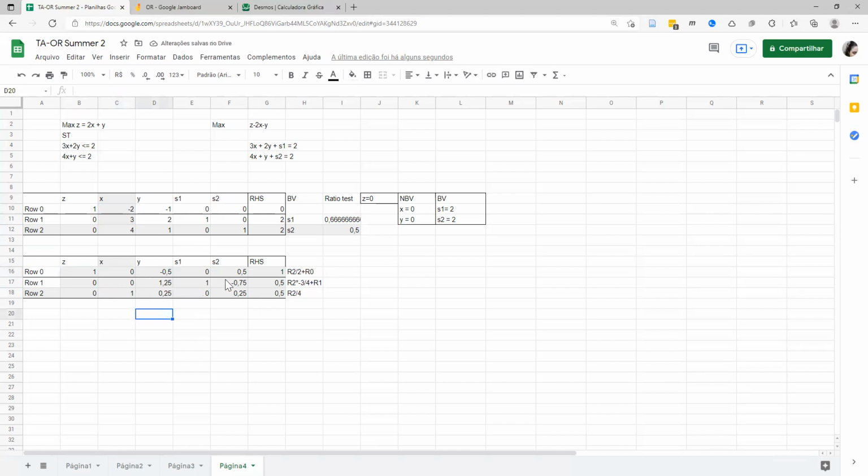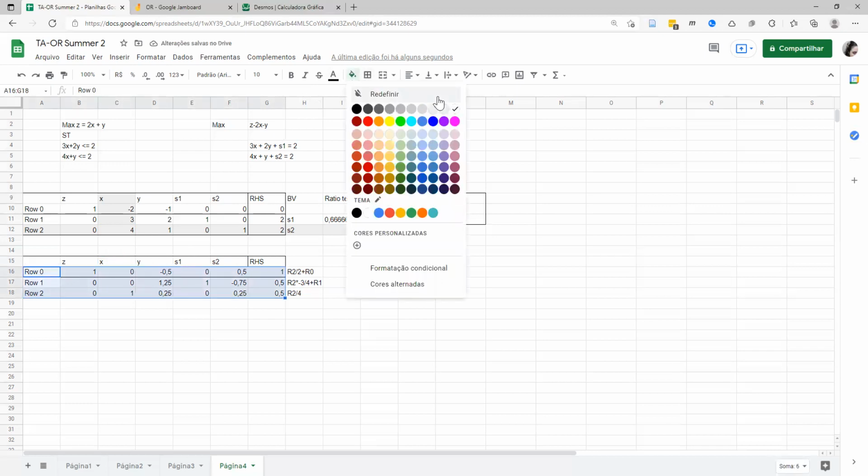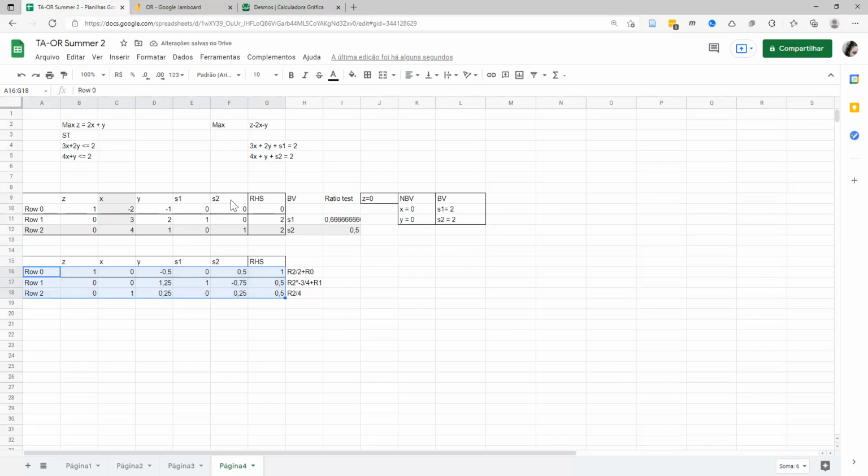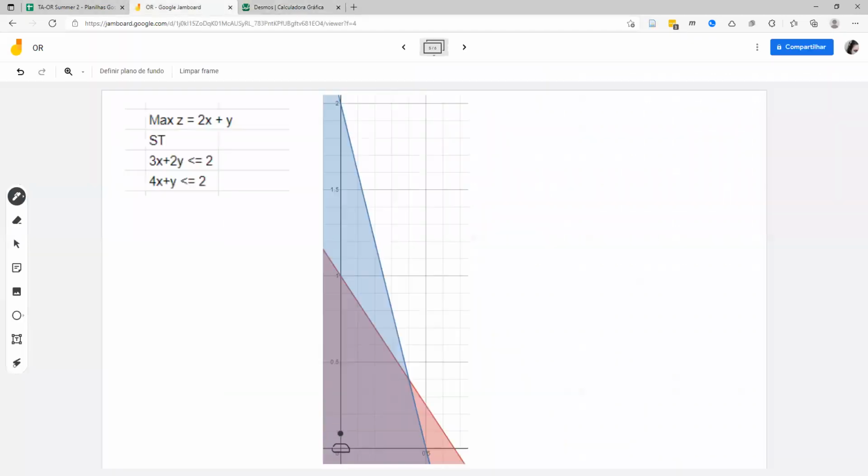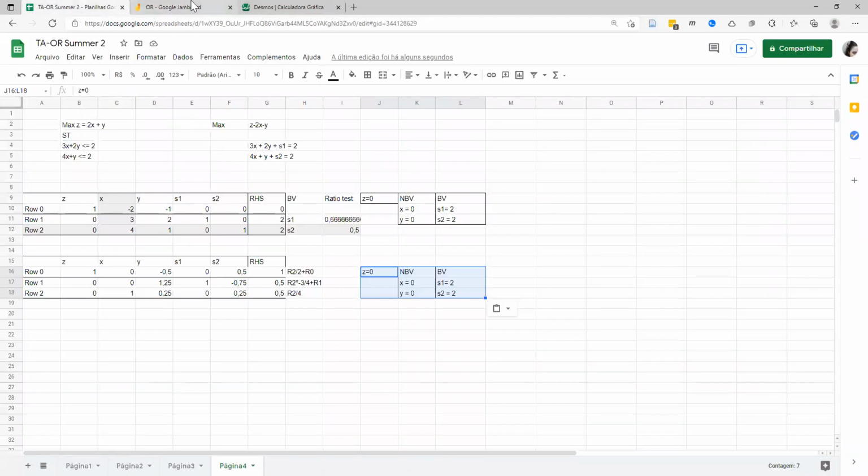So now I have a different table, with different bases, because I entered x into the base and I took S2 out of the base. Also, I went a little further from where I was at the start, and now I have a Z value.